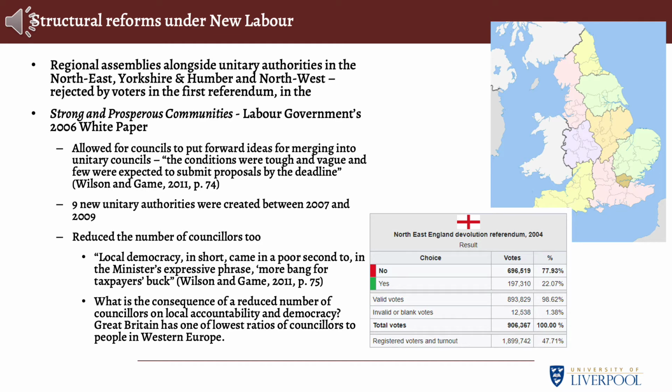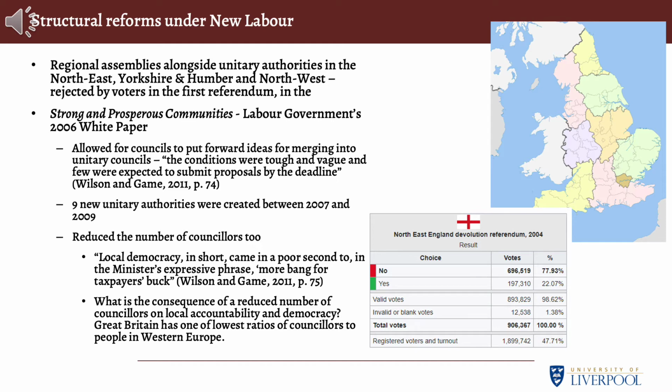Anyway, the New Labour conditions for merging were too strict, and very few authorities put themselves forward. And again, we have the issue of a reduced number of councillors in England now, and the white paper didn't really explain, and neither did ministers, how boosting councillors' roles and making what was still a part-time job more appealing to the public would be achieved by cutting councillor numbers by 2/3.